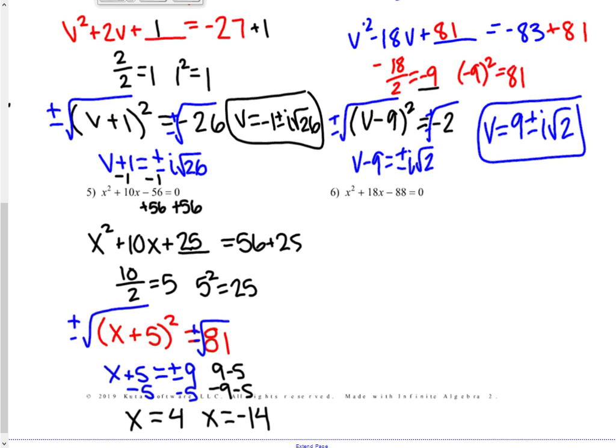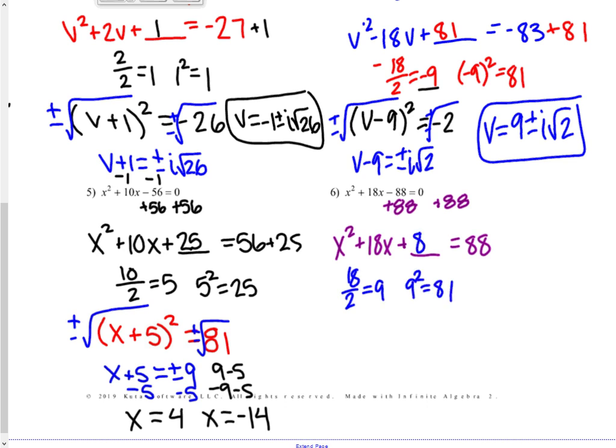Last but not least, on number 6, we'll again start by moving that constant over. So we'll add 88 to both sides. So x squared plus 18x plus something equals 88. Take that middle term and divide it by 2, we get 9. 9 squared is 81.